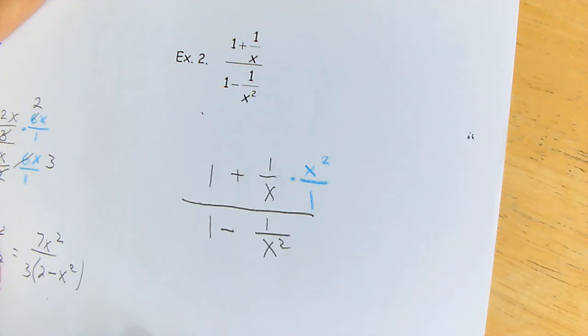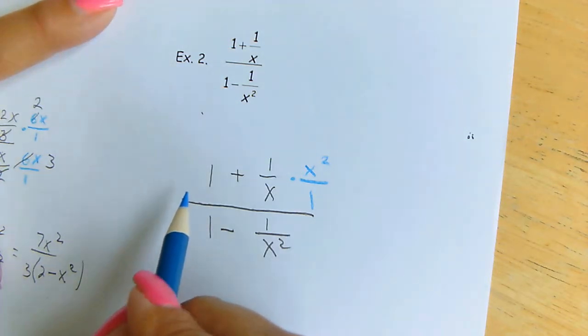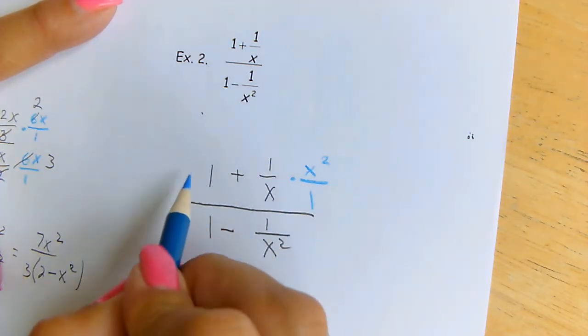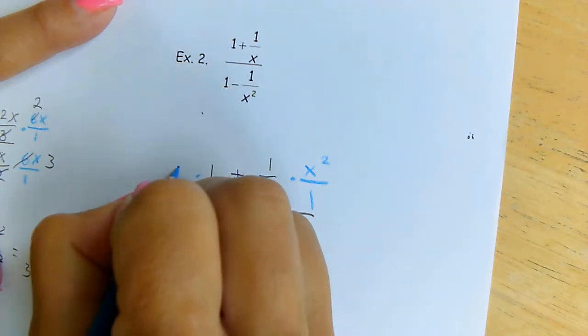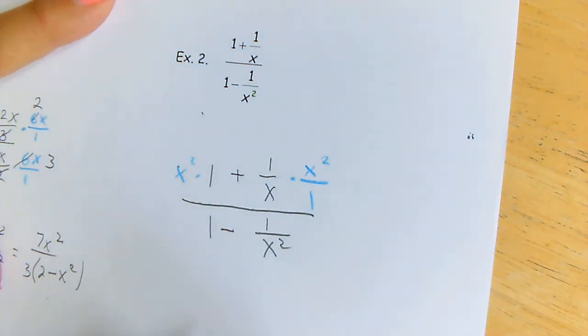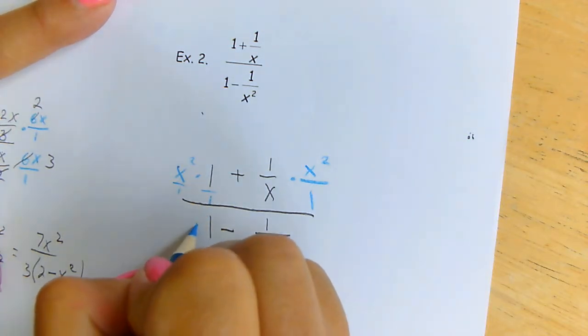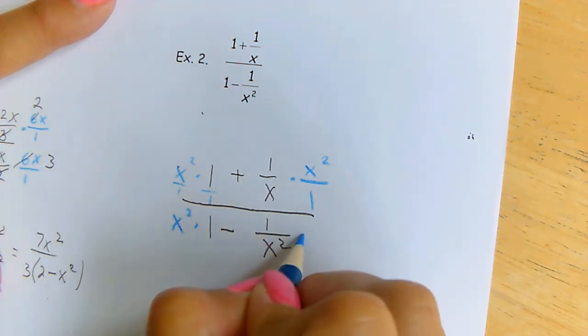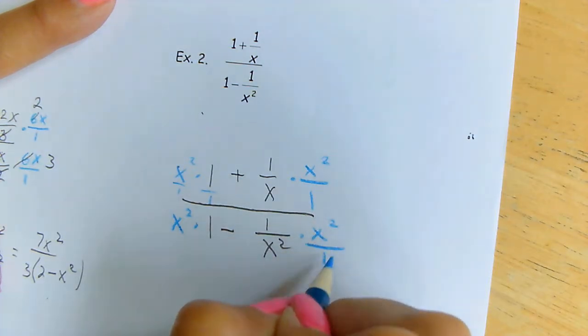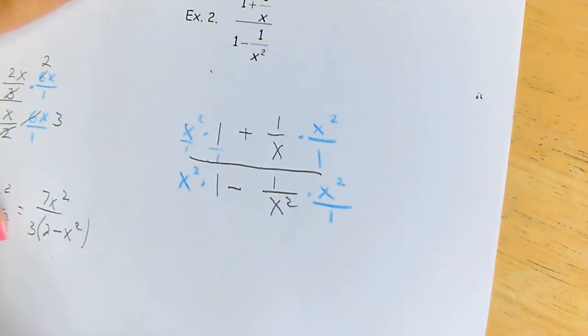When I'm multiplying a fraction, I put it over 1. This is not a fraction, I don't need to, but I can put them both over 1. It's not going to change anything. Multiply everything by x squared.